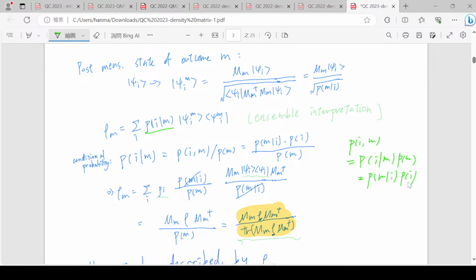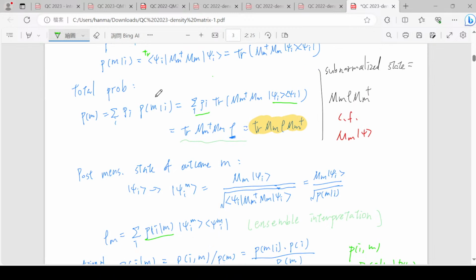This is from probability theory, and so we use both of them. So you see we can express p_i conditioned on m as this joint probability divided by p of m. And then once again we write the joint probability as p_m conditioned on i times p of i, because we have calculated the p_m conditioned on i before. That's the easier thing to calculate.